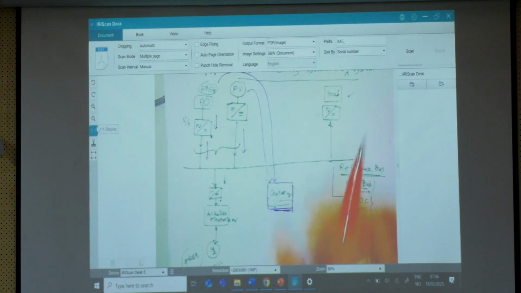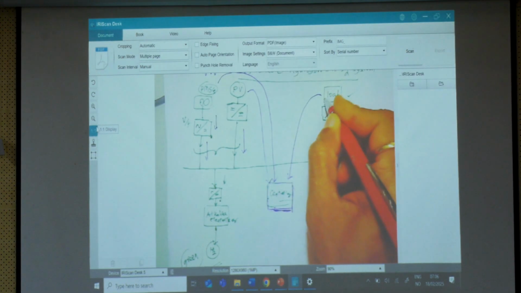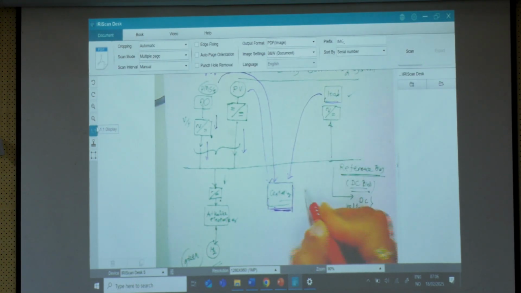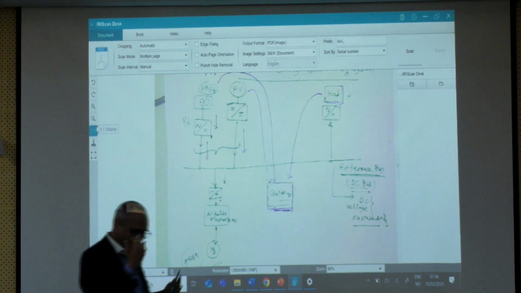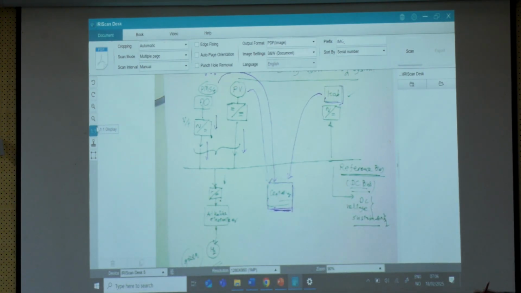we have to consider the load also. Based on the historical data, we have to predict what the load is going to be for the next 1 hour, or maybe 1 day ahead, or maybe for a few hours.